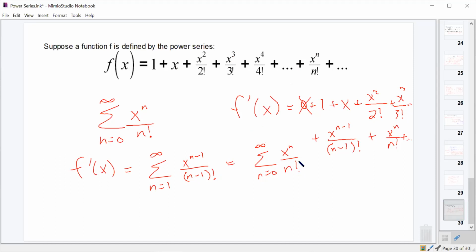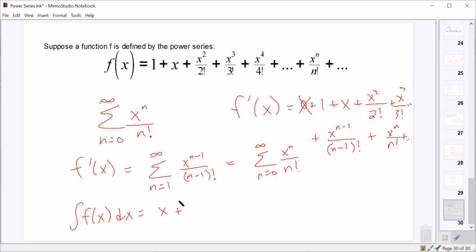Well, what if I were to try and do the other thing? Instead of derivative, what if I were to take an integral of this? The integral of f of x dx should be, what's the integral of 1? Should be x, right?